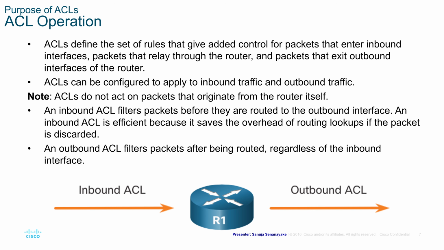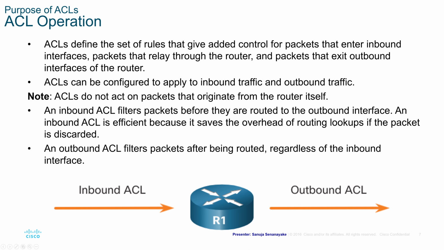An inbound ACL filters packets before they are routed to the outbound interface. An inbound ACL is efficient because it saves the overhead of routing lookups if the packet is discarded.